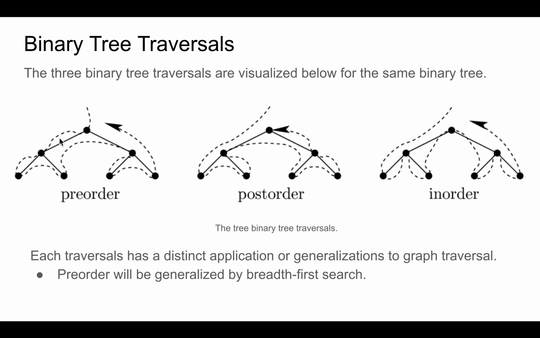So we sort of stop and look at all of the parent values first, before we go deeper, before we look at their children. Whereas postorder will be generalized by depth-first search. So we go down as far as we can and we explore something all the way down before we start going back and exploring up at the top.